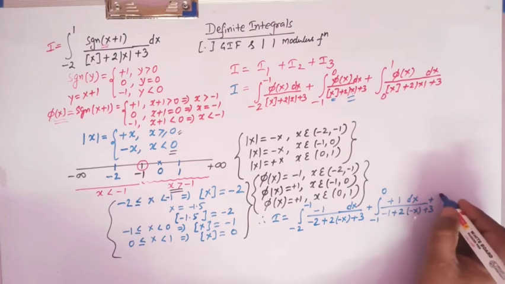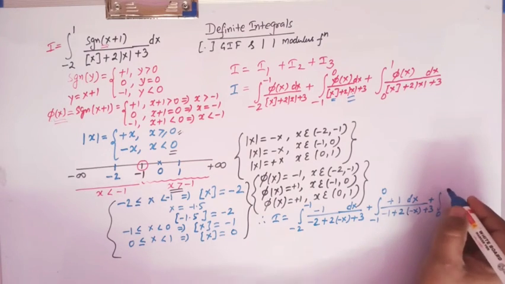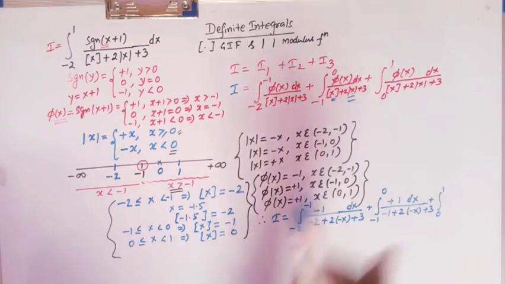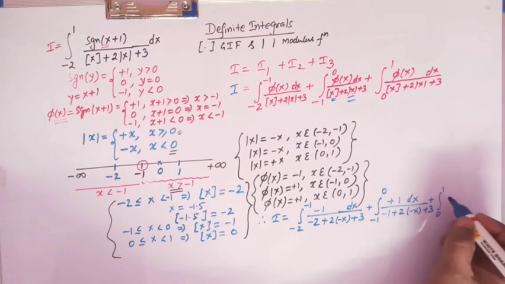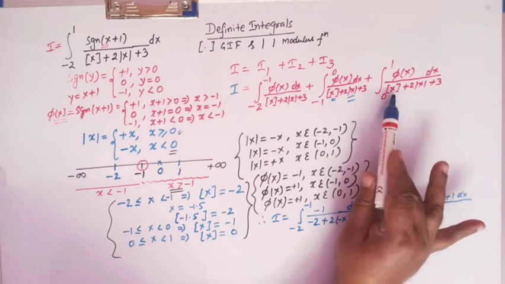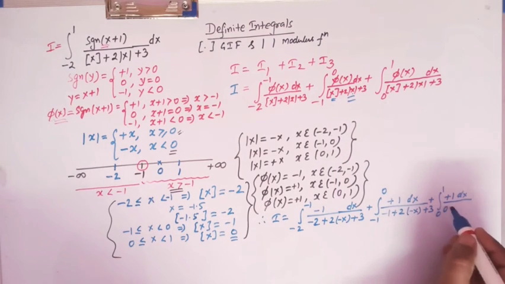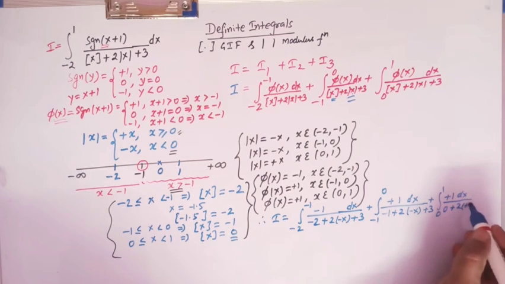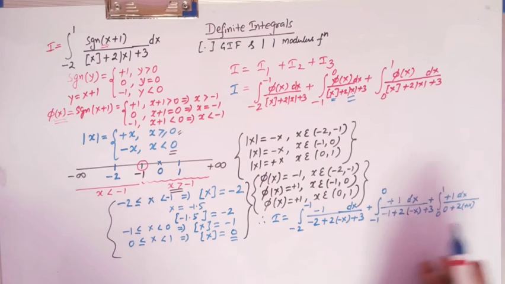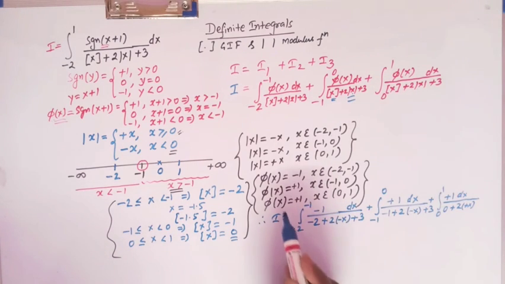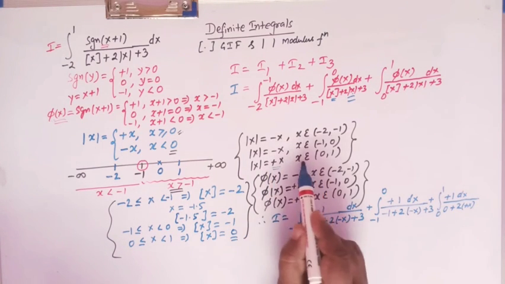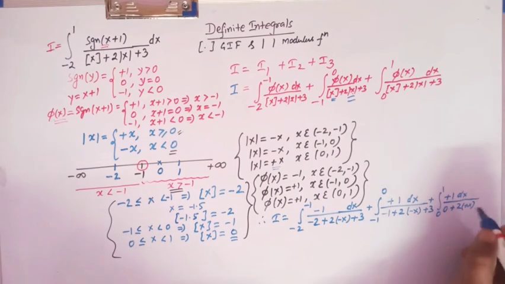And in the third integral from 0 to 1, phi of x is equal to plus 1, and for the greatest integer of x we have 0, and plus 2 times plus x, because the mod function is plus x when x belongs to 0 to 1, and plus 3, right?